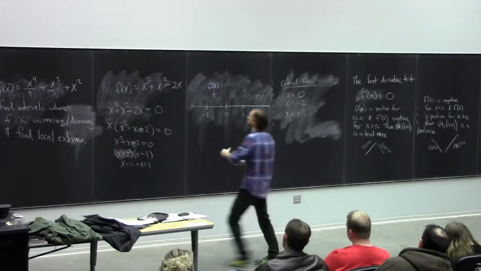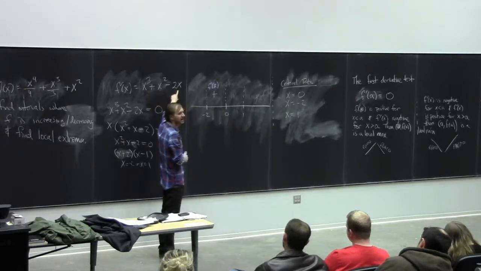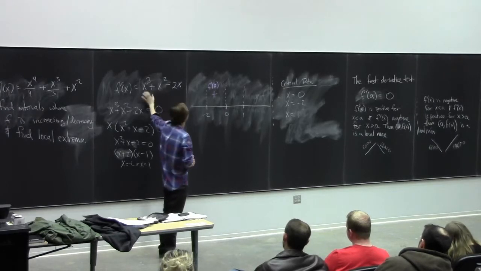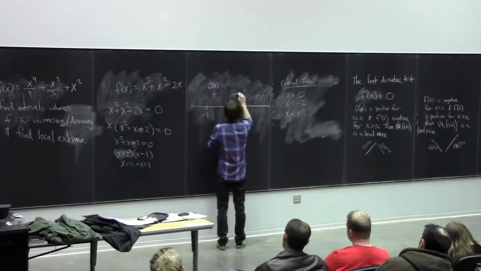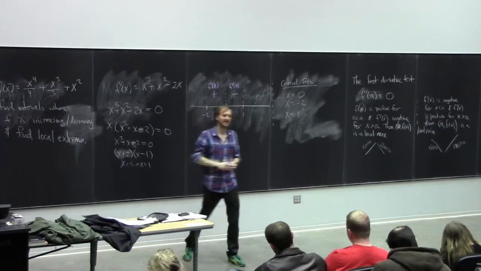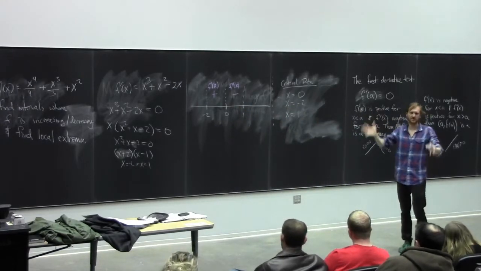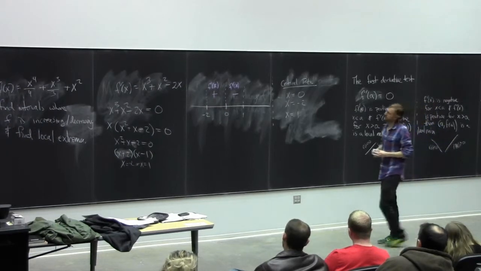It's less than a half. And then it's minus 2 times a half, which is negative 1. So when we have a half here, f prime of x is going to be negative. I didn't actually calculate what it was going to be. I just decided, is it positive or negative?